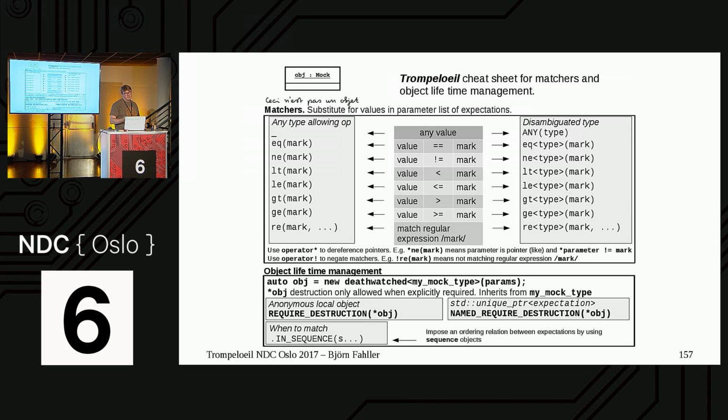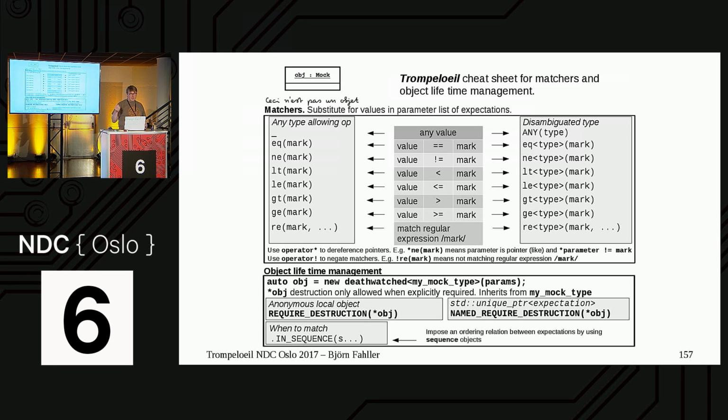In the rare case when you need to have control of lifetime of objects in your test, for example, if you give your unit under test a mock and give it ownership of it, and it is required to delete it at some point, you can use this convenience with, horror movie time, Death Watch, and required destruction or named required destruction.